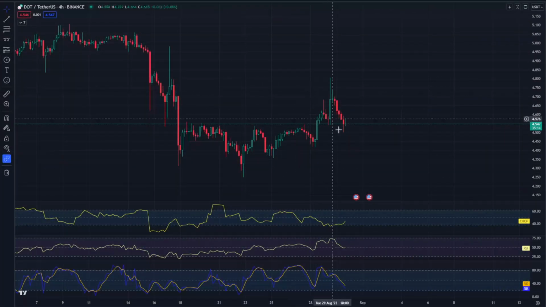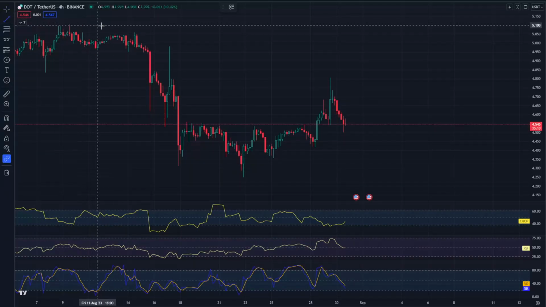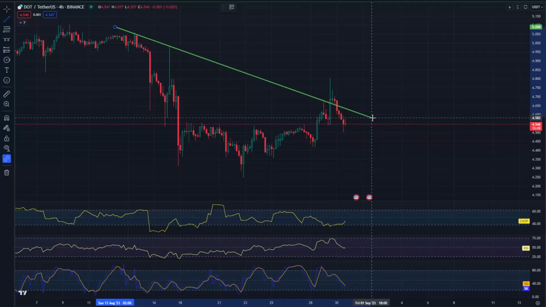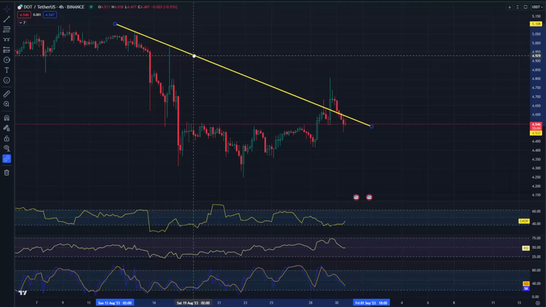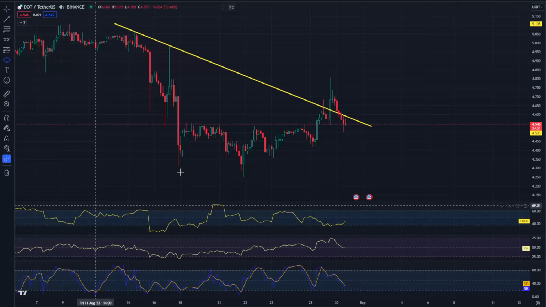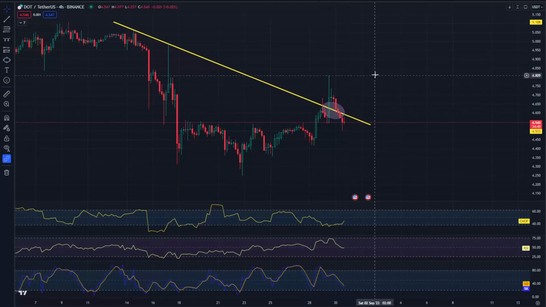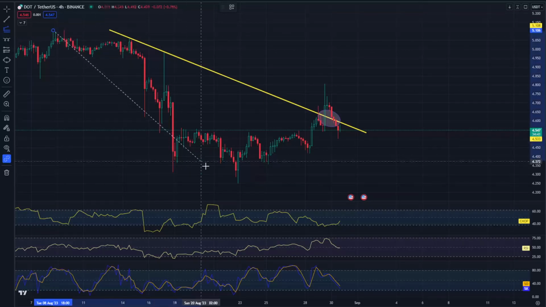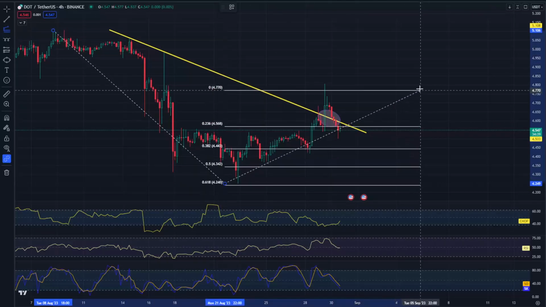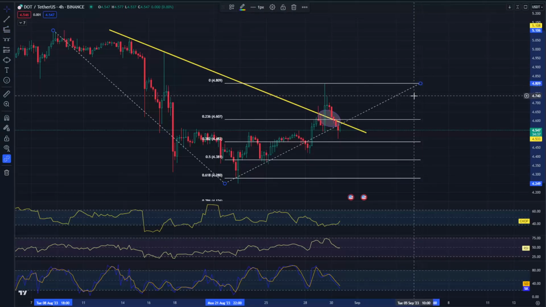The last one in today's chart is the DOT chart in pair to USDT. First of all, we will use the yellow line to mark the downtrend. As we can see, the price tried to break above this line, but this attempt failed and the price quickly turned around. Going further, we can move on to marking support areas in a situation where the correction will deepen.